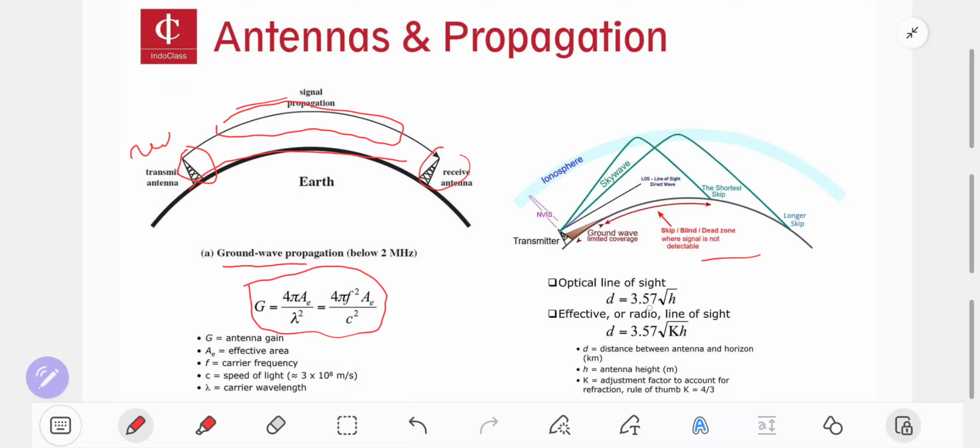And on the right side, I will also show you the formula for the distance of line of sight. You can see on this picture, D equals 3.57 times root of h. And you can see on this description each variable, and also the units of each variable.